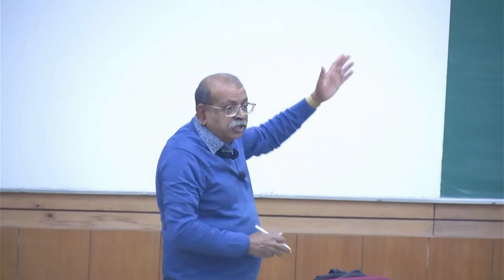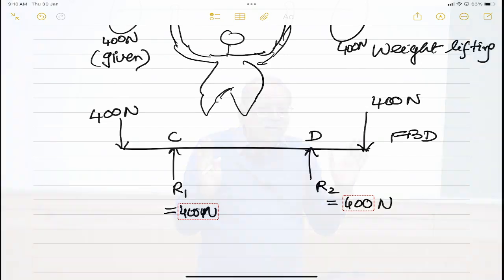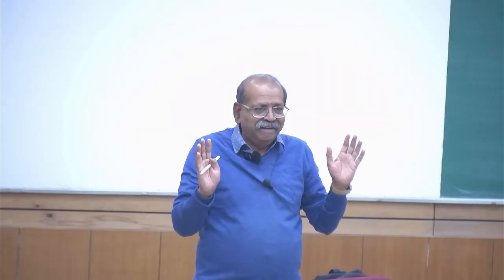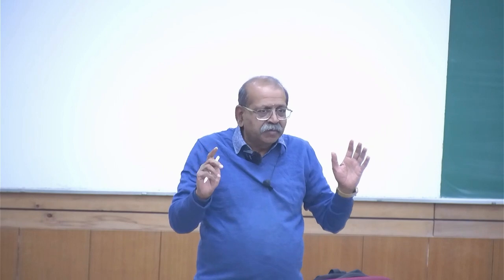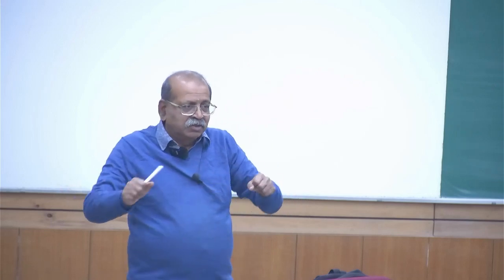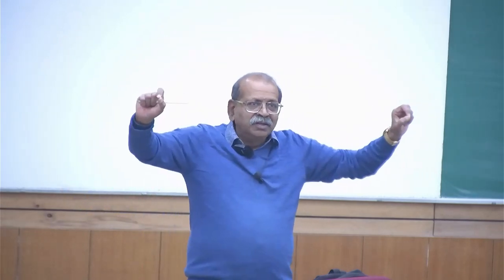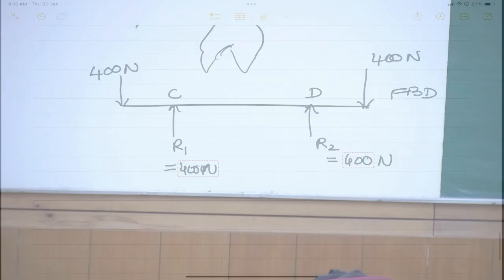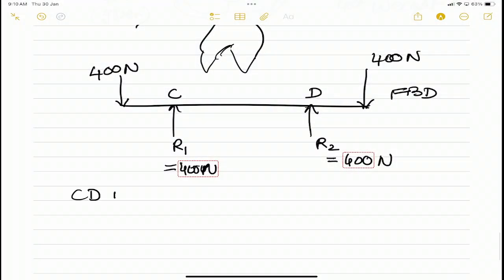So the portion CD is in pure bending. Okay. So I'm giving you an example where things are in pure bending. So the portion CD of the rod will be in pure bending. Is that clear? Because now there are couples acting there. So CD is in pure bending.